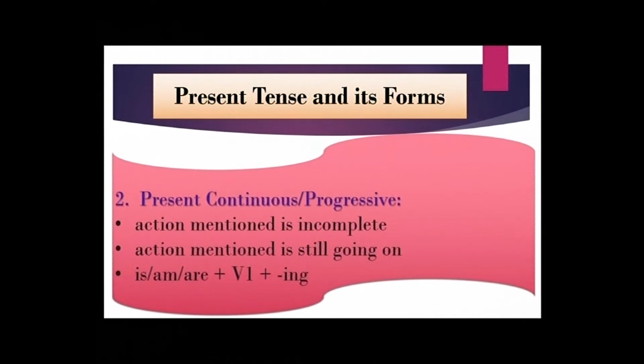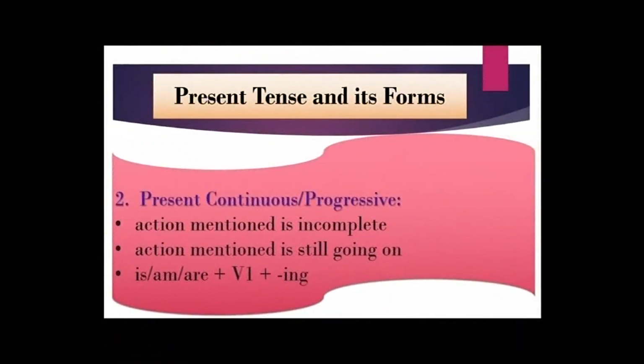Now, present continuous or progressive. Action mentioned is incomplete. Action mentioned is still going on. And in the structure, is, am, are. These three helping verbs are used according to the subject, with first form of verb, and with first form of verb we use suffix ing. In these type of sentences, action mentioned is still going on.